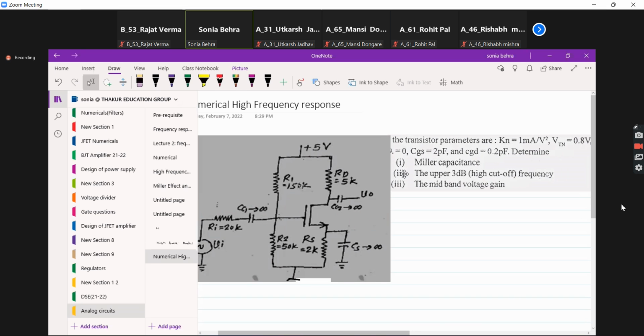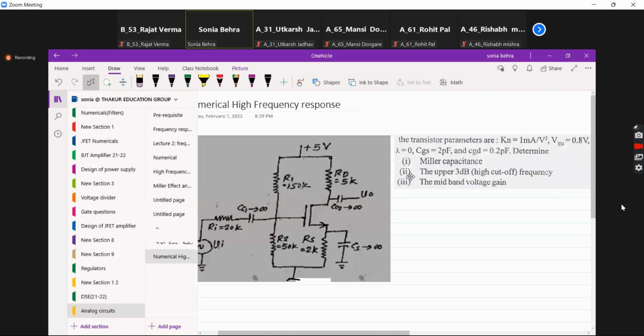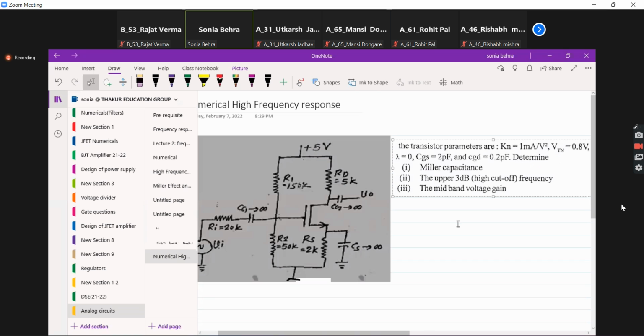The circuit is given, it is fine. The transistor parameters are Kn and Vtn. The symbol won't tell us, so looking at these two, Kn and Vtn, we know that this is E MOSFET.